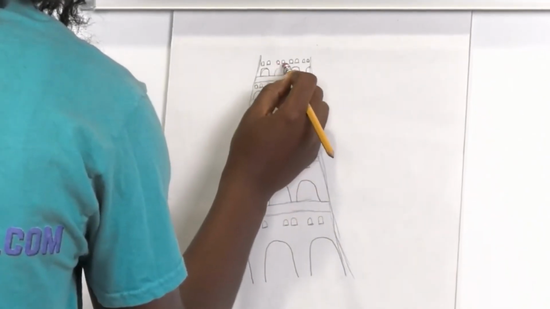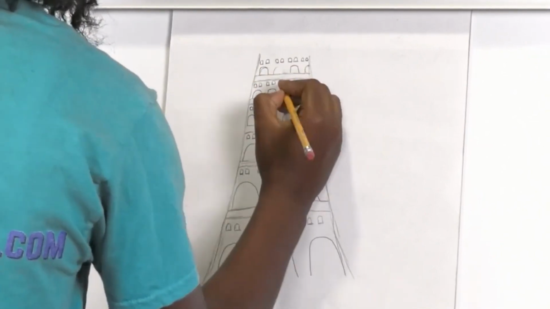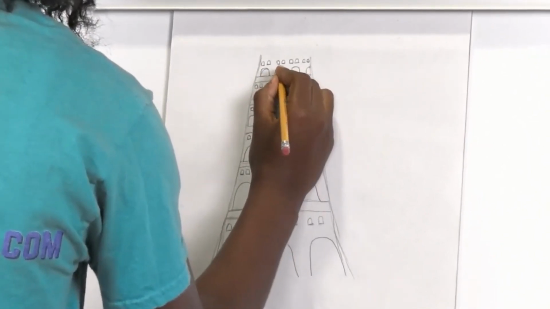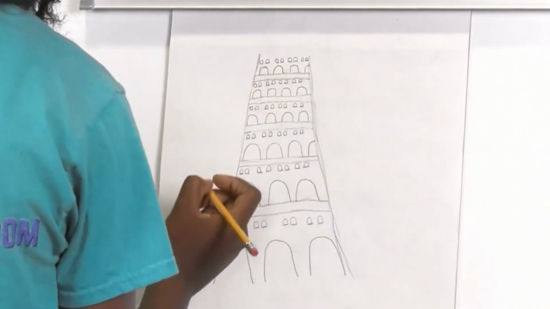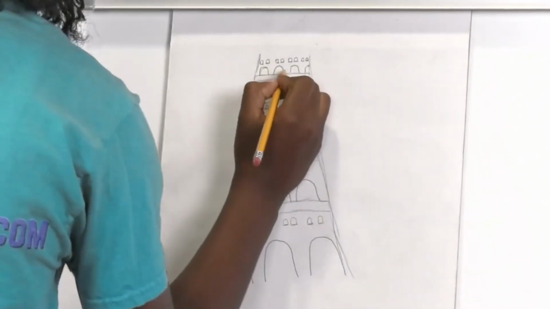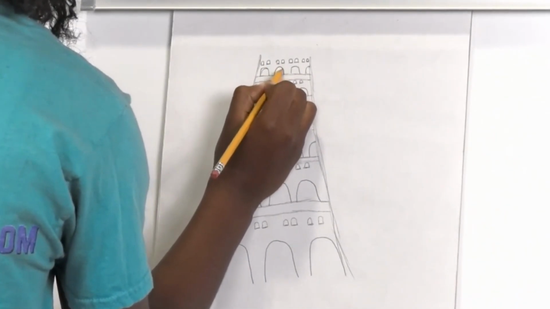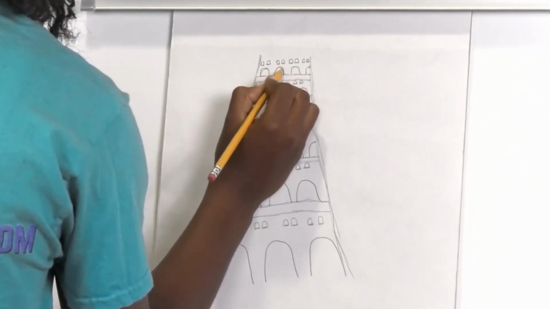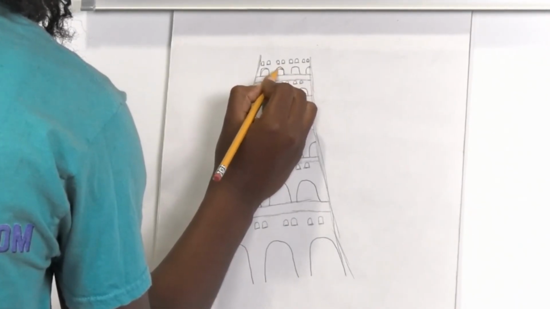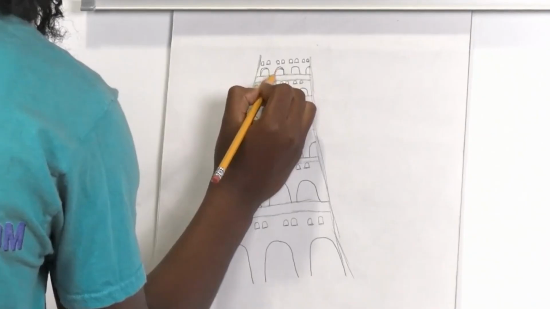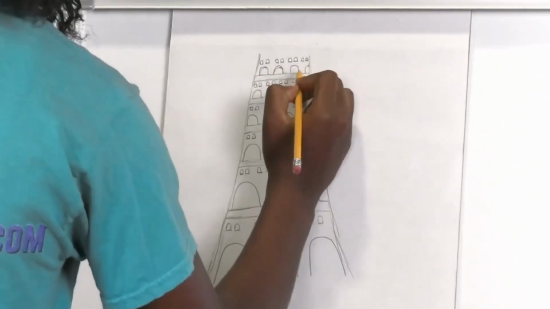Fix this one a little bit. Okay. You're gonna go at an angle about here, just straight back, kind of following that oval shape. You're gonna stop about there. All right.